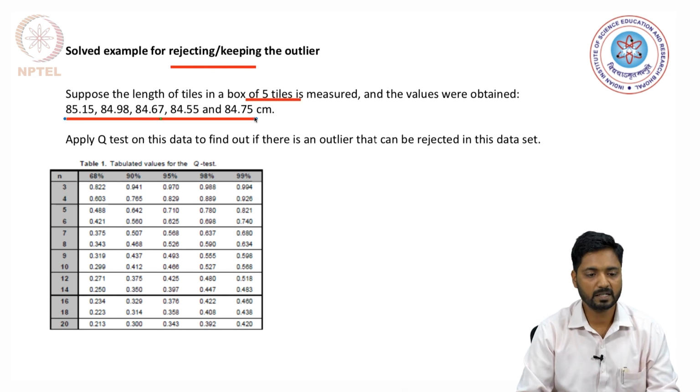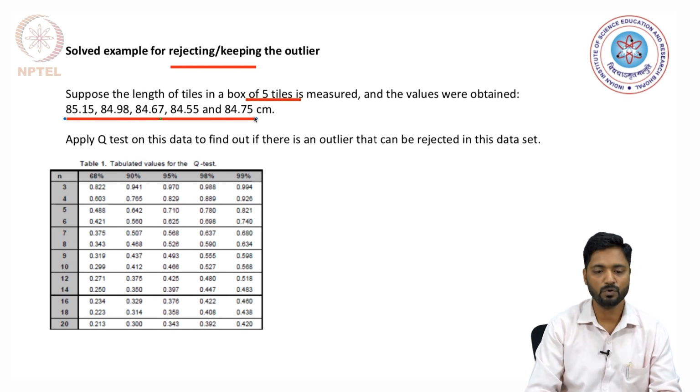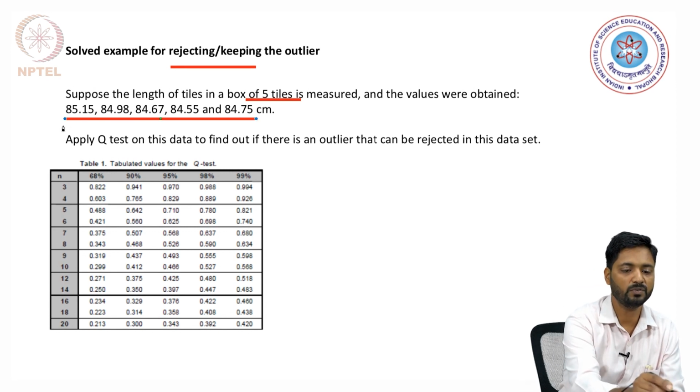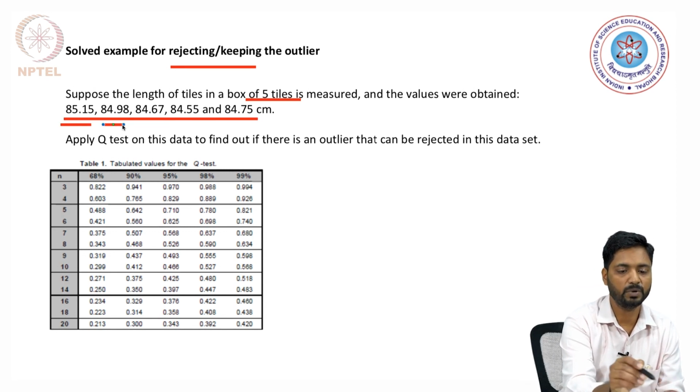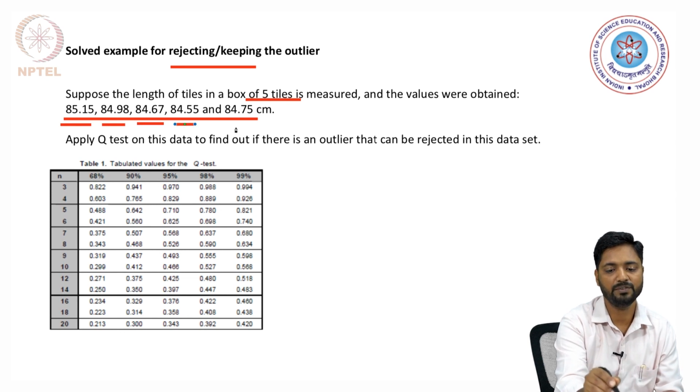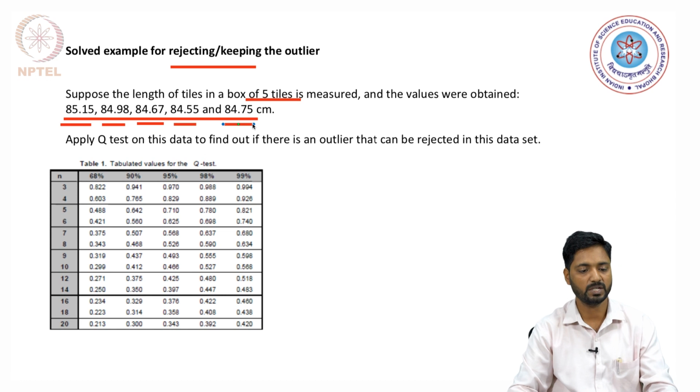So, let us take a solved example to understand how the Q table can be applied for rejecting or keeping an outlier. Suppose we are dealing with a box of tiles and there are 5 tiles there, and the measured values of the length of the tiles are given as 85.15, 84.98, 84.67, 84.55 and 84.75.